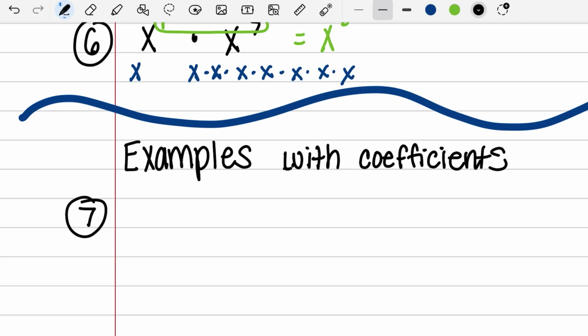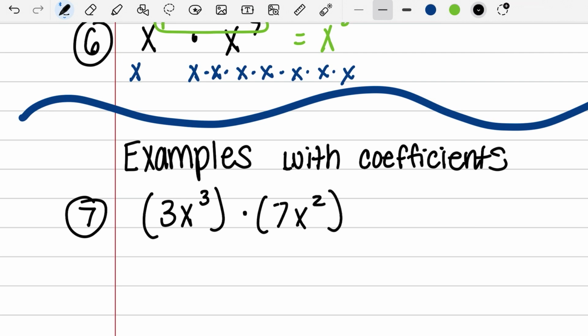For this problem, we're going to take a look at 3x cubed, close the parentheses. The parentheses doesn't really do much in terms of changing the math we do, the procedures and steps we take. It just shows you that we have one giant term being multiplied by another giant term. So here's what you're going to do.